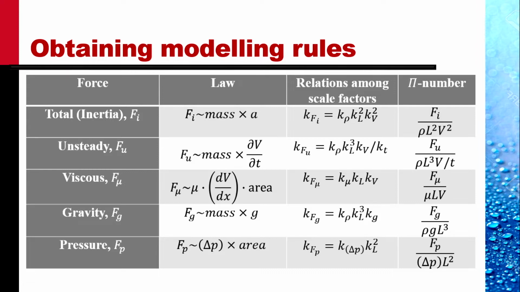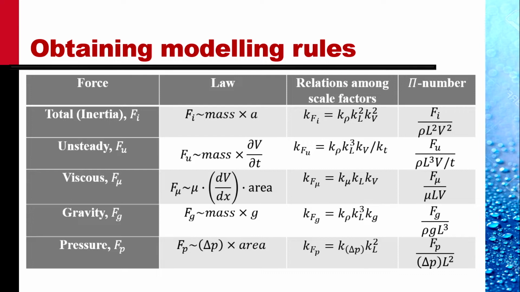As we did in the last class, we first obtained the relationships among the scale factors for each of the forces and then wrote down the corresponding pi numbers. For example, the total or the inertial force Fi is governed by the law that this is equal to mass times acceleration. In writing the scale factor for mass in terms of k rho and kl, and for acceleration in terms of kv and kl, we get the scale factor for the inertial force as k rho kl square kv square.